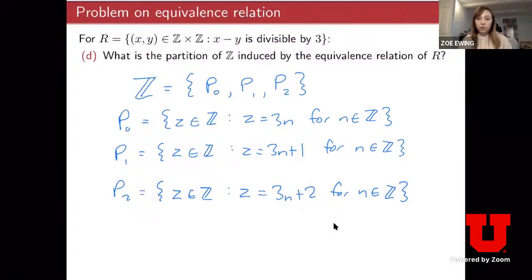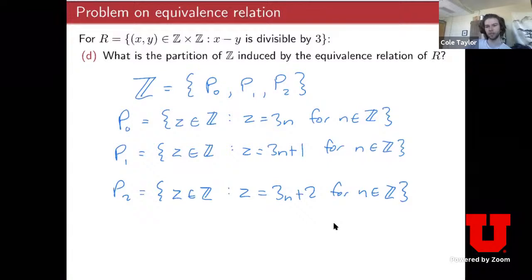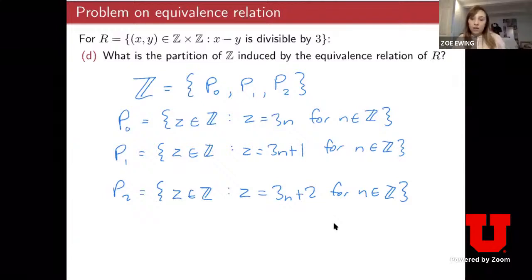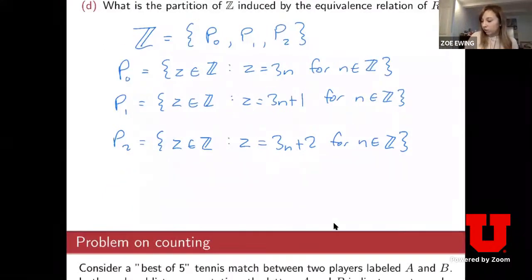My question was just that you'd still have 2 valid partitions if P0 is everything where z equals 3n, and then P1 is everything where z doesn't equal 3n.